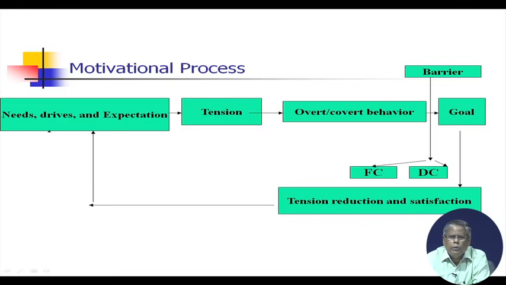But in between the behavior or the activities and the goal, there may be certain barriers, obstacles, so that the individual may not reach the goal. If the individual wants to become a graduate from IIT, then he must qualify in the graduate aptitude test.